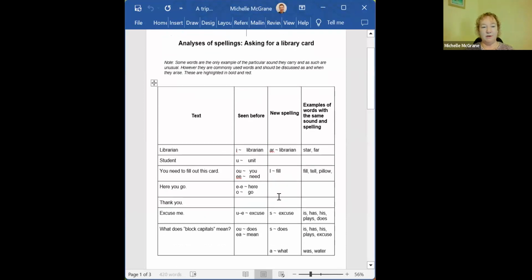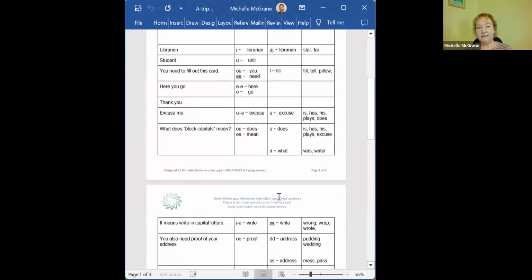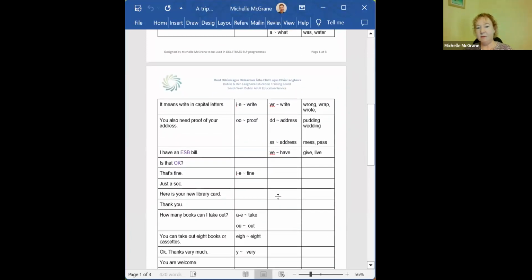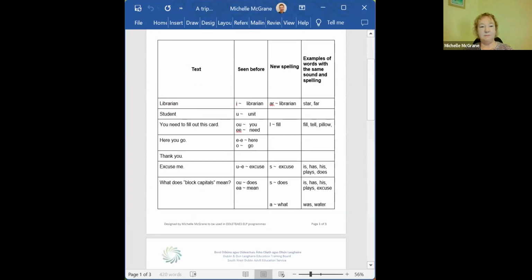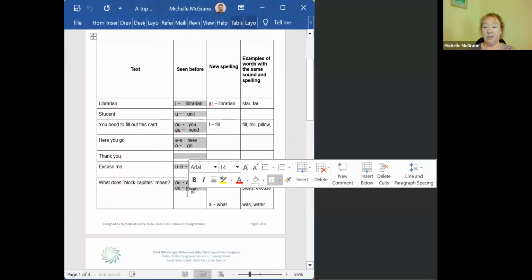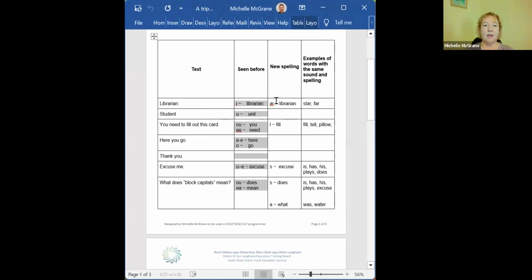But what I've done here is I've listed all of the sentences, preparing all of the sentences from that lesson. And I've picked out the spellings in those lessons that the learner already knows. I know this because I've kept a record. And the spellings that maybe we've never come across before.